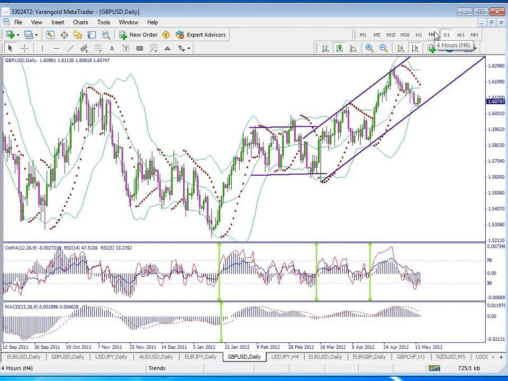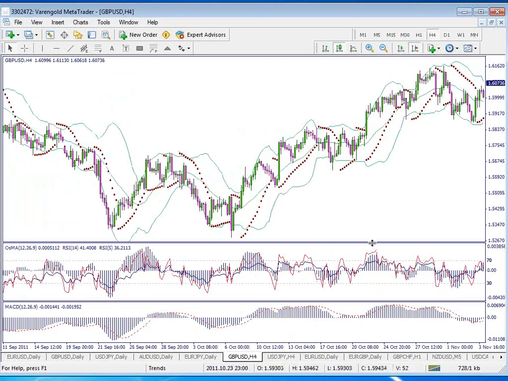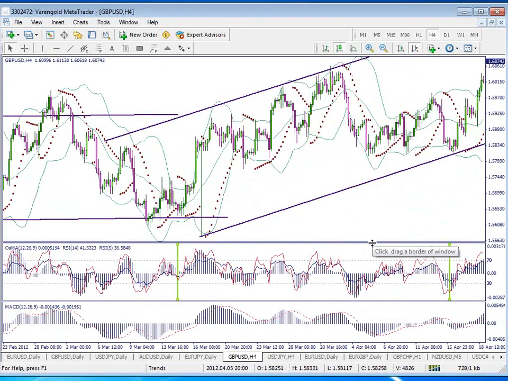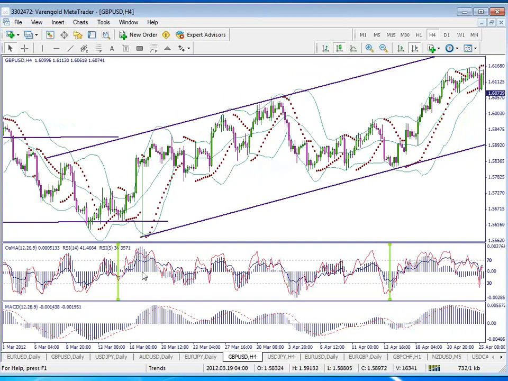Let's see what is happening in the 4-hour time frame. In this period of time, when I have signals on daily for buy, for different long trades, I have several signals on 4 hours.